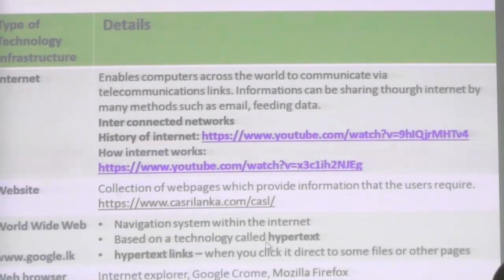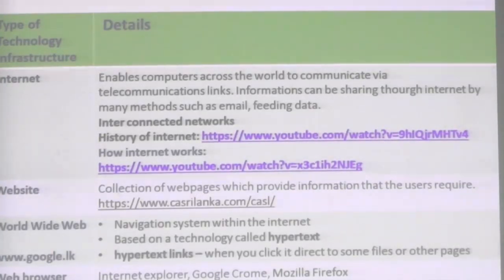So in the question paper, sometimes they will ask what is the technology used by the World Wide Web? That is hypertext. What is hypertext? This is hypertext. This is highlighted. When you click on that, it will go to the link.